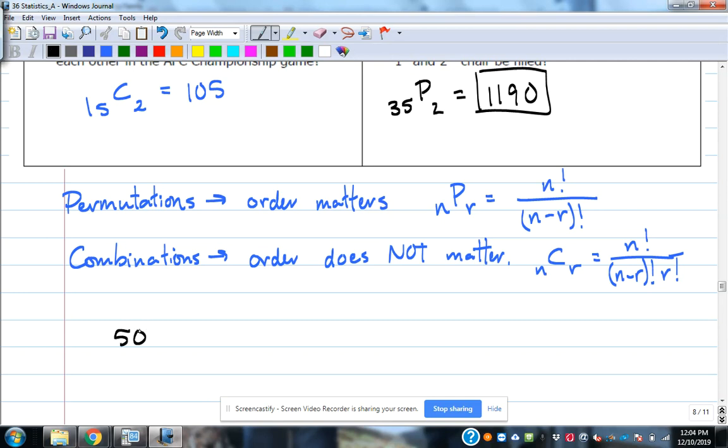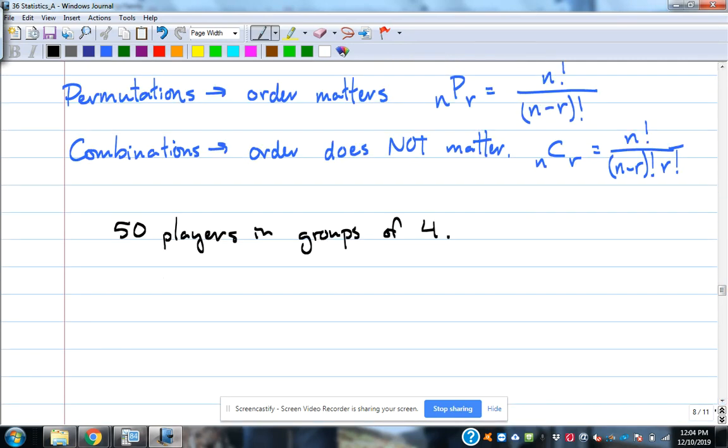So 50 players in groups of 4. A few more than that. So is this a permutation or a combination? Combination, because we're just wanting a group to travel through the stations together. So we're not ranking anybody as a leader or anything like that.